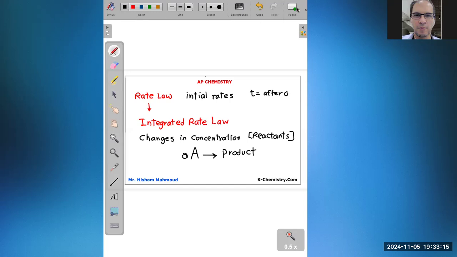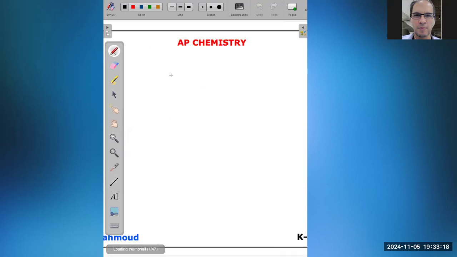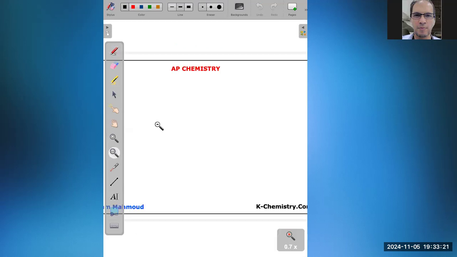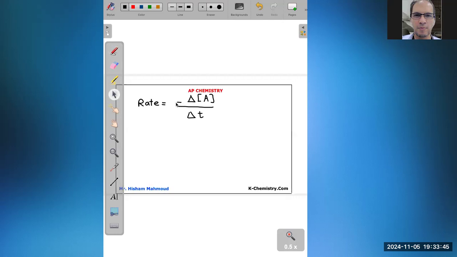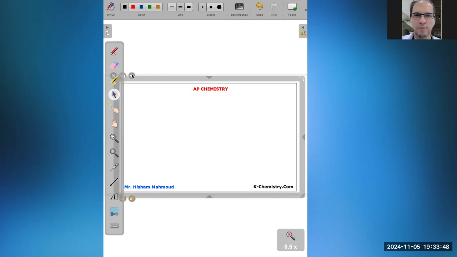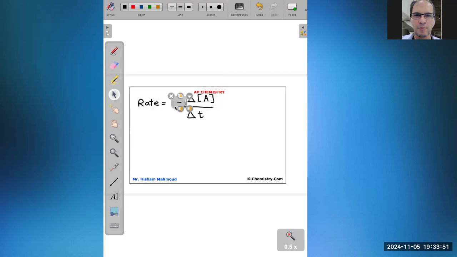We have calculated the rate last time by saying that the rate of the reaction is equal to the change in the concentration of the reactants divided by the change in the time. And because this is a reactant, as we mentioned, it has to be always negative so that it will give me the result in a positive value for the rate at the end. So negative, the change in the concentration over the change in time.